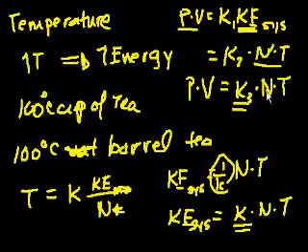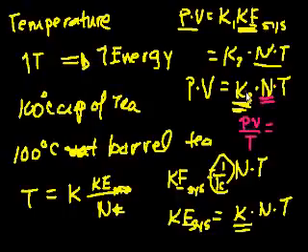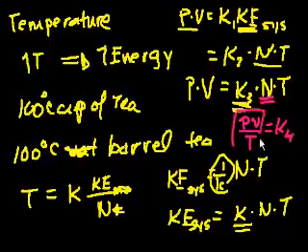And we said temperature is something we can view as energy per molecule. Or another way we could say, if this constant is constant, which it is by definition, and the number of molecules is constant, we have PV over temperature, pressure times volume over temperature, is going to be equal to something times the number of molecules. So we could say that's some other constant, I don't know, K4.